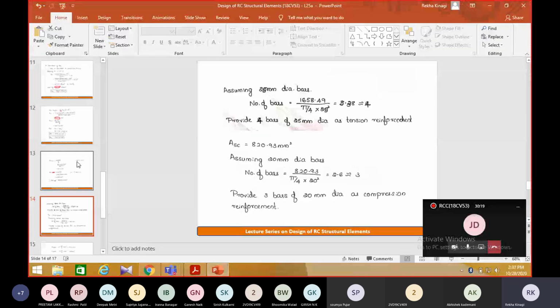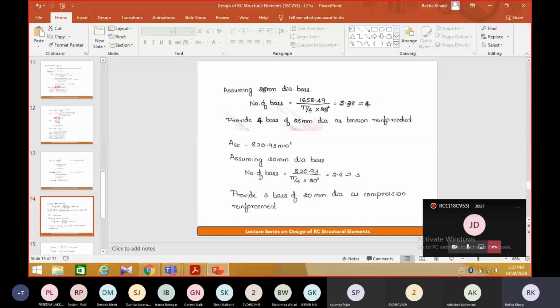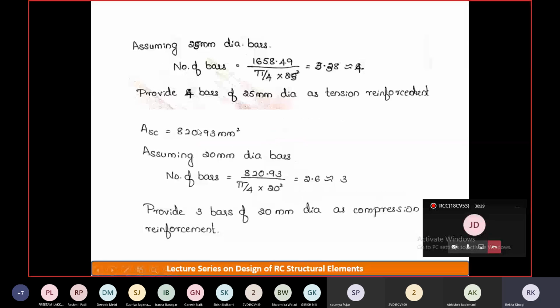So already we have calculated the maximum value for the tension reinforcement, that is 4000 mm square, and here ASC value is less than ASC maximum, that is 0.04 times B into D. Hence we can consider the same value as the ASC value. So here we are getting the value of ASC is equal to 820.93 mm square.